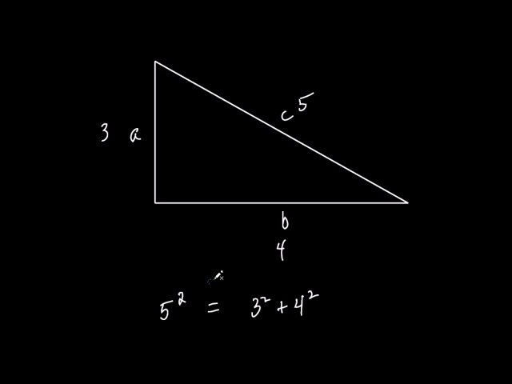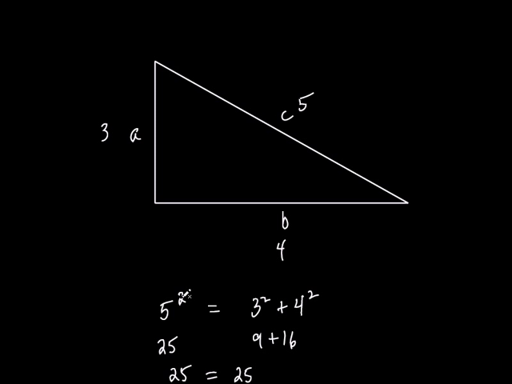I don't know it's equal just yet until I actually do the math. So I'm going to work it out. That's 25, that's 9 and 16, and that's 25 still. And look, 25 is equal to 25, so that is equal.